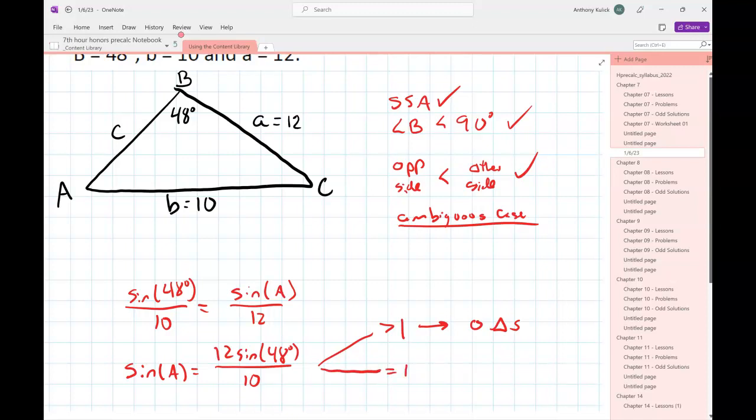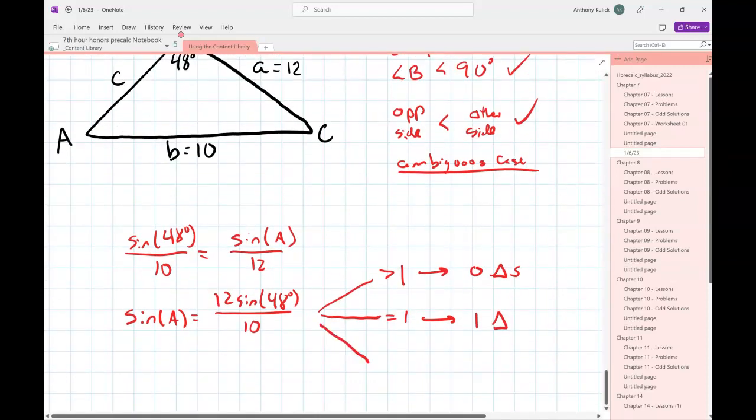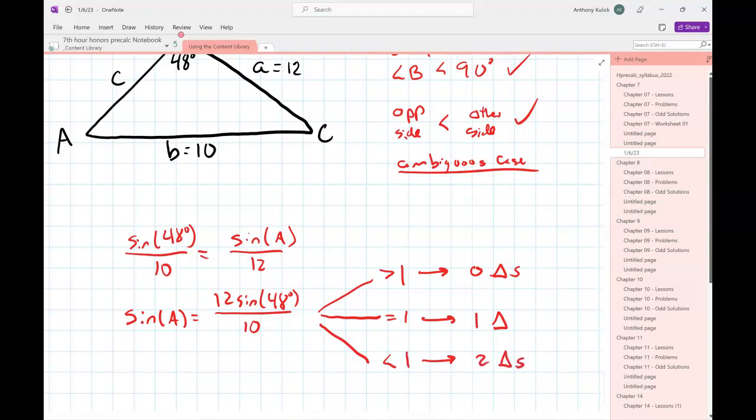What angle is sine equal to 1? 90, which means that we'd be in the hypotenuse leg situation, where that angle is 90 degrees. That means we have only one triangle possible. So if that number then is less than 1, that must be the 2 triangle situation. Is everybody happy with how to make the determination?